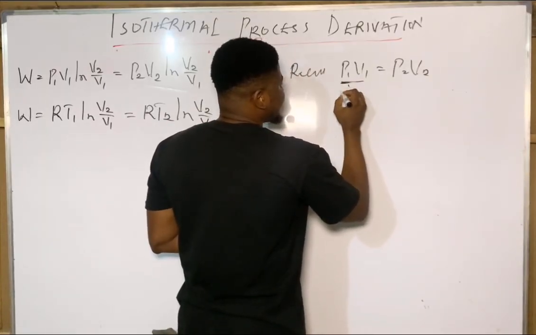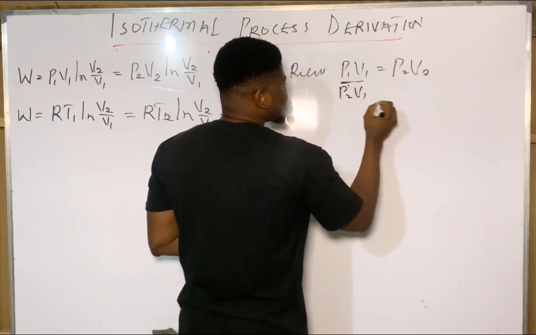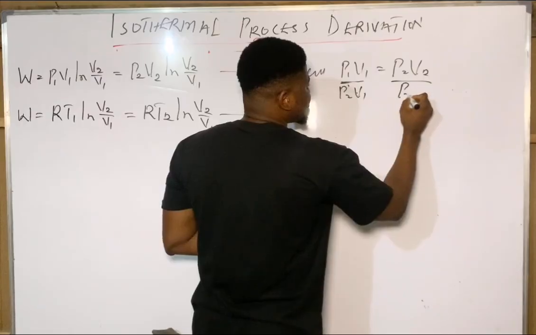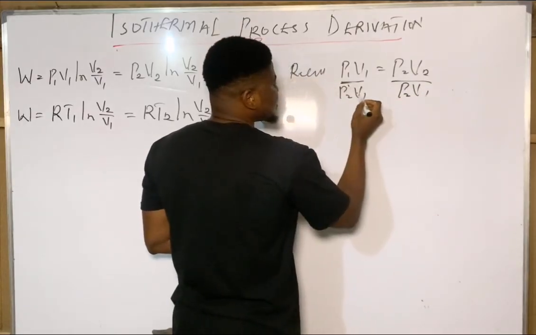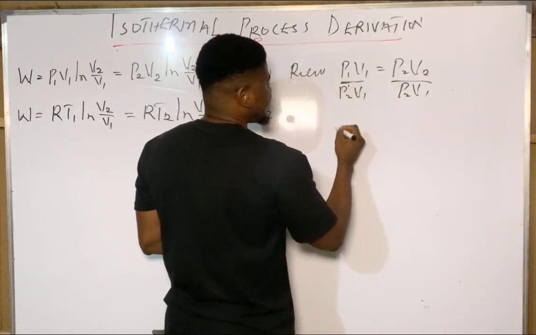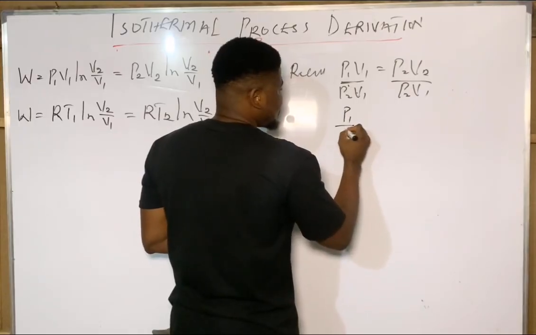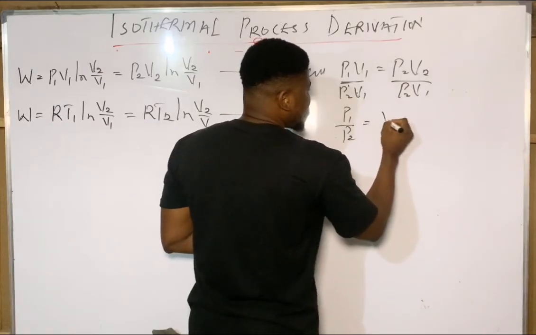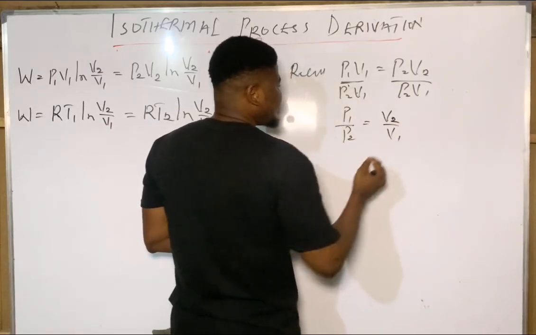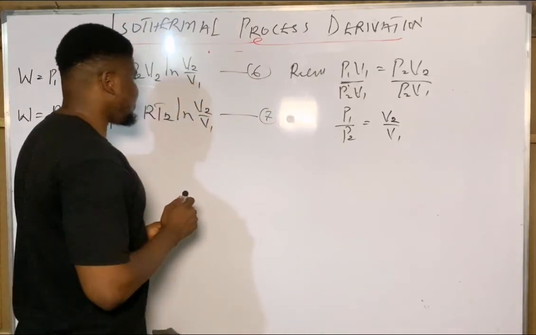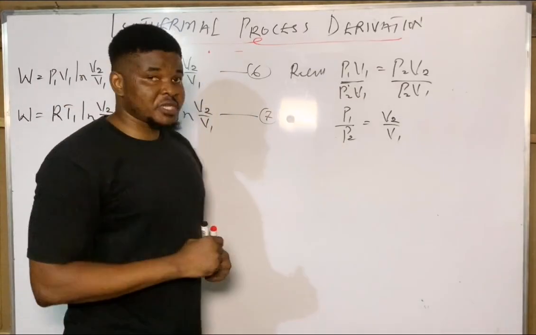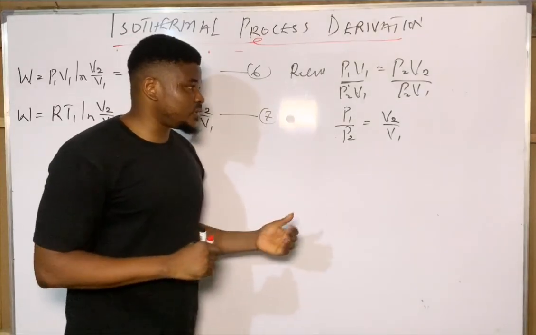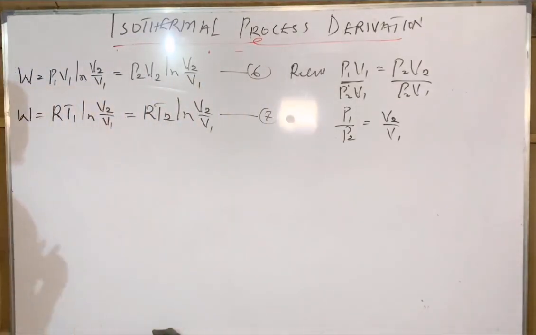If we divide by P2 V1 on both sides, V1 cancels here, we have P1 over P2, and P2 cancels out here, we have V2 over V1. Which means this ratio V2 over V1 can also be represented as P1 over P2.